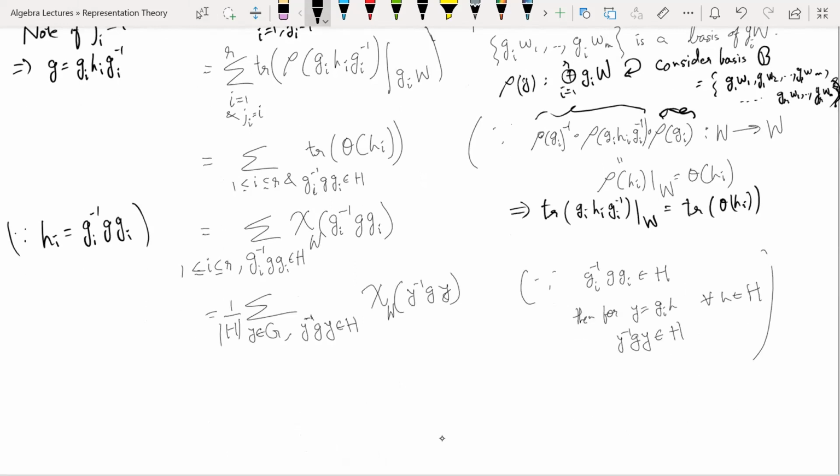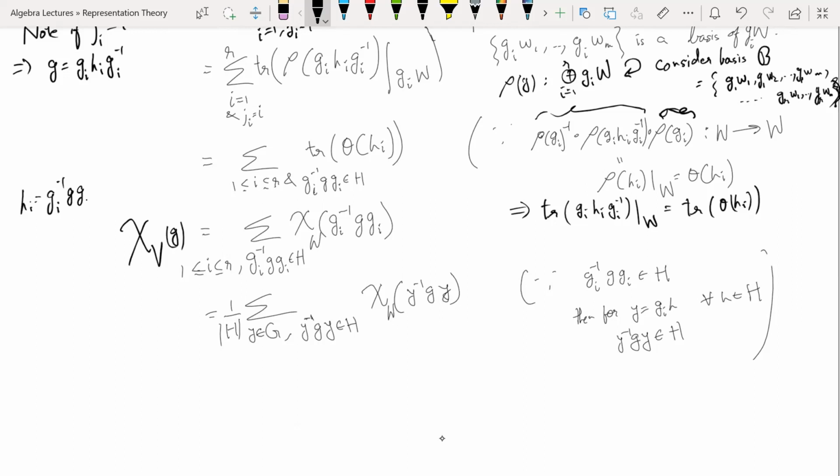If you want to write it without the representatives, maybe I should box this. So the formula for the character of V is this. Here I'll note that H_i is G_i inverse G G_i.